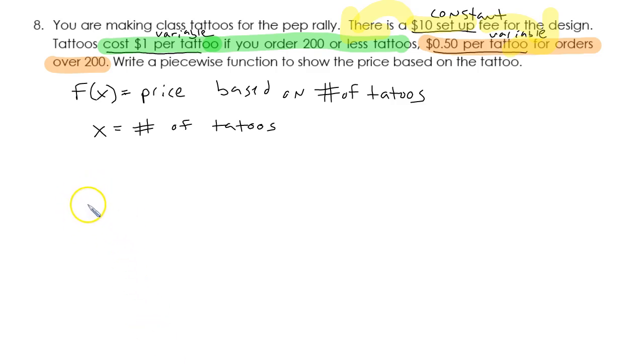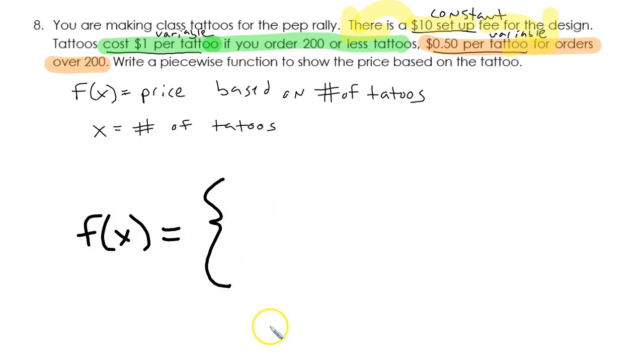So again, we're going to create a piecewise function by saying f of x equals, and we need a brace. This is going to have to be big enough for 2 different types of orders. Okay, f of x is the price based on the number of tattoos, where x is the number of tattoos. So if I order 200 or less, that is less than or equal to 200.